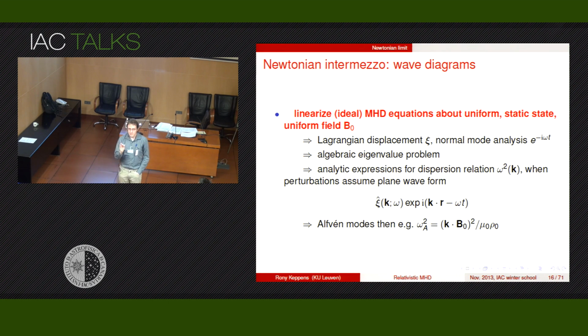Who knows the difference between phase speed and group speed? It's late. Right. And the group speed is del omega del k.